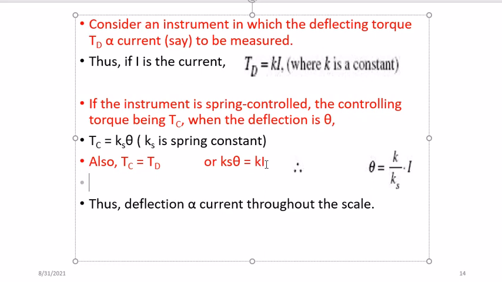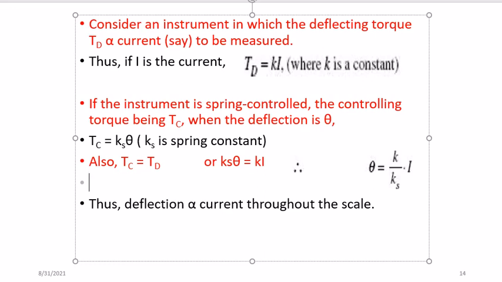Now I can make theta the subject. Theta is equal to K over KS times I. So we can say the angle of deflection is directly proportional to the amount of current we are measuring, where K, we have seen, is a constant, and KS is the constant of the spring itself.